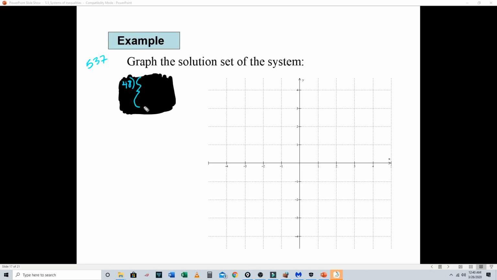Given this little setup here, x squared plus y squared is less than or equal to 4, and x plus y is greater than 1. So again, we're going to do the setup to where I'm going to do one in red. So let's do this top one in red. And let's say this other one, we can do it in black, it's fine.